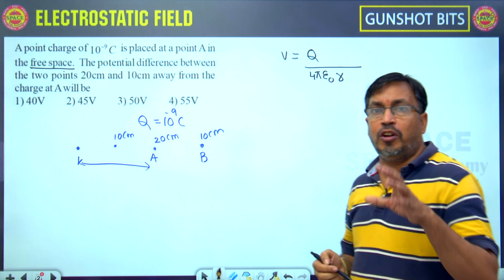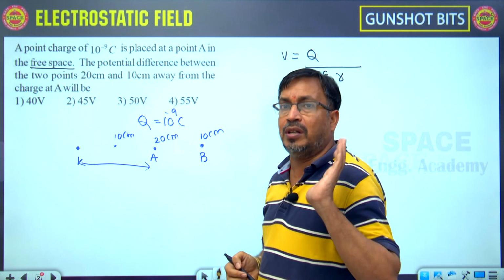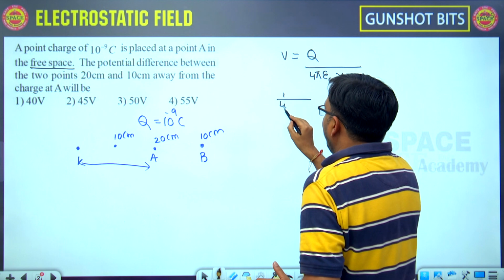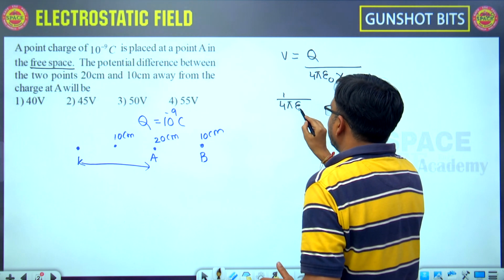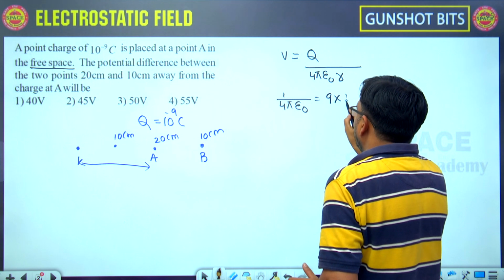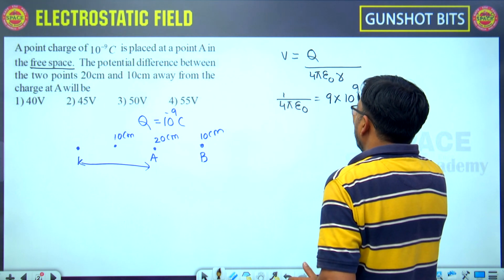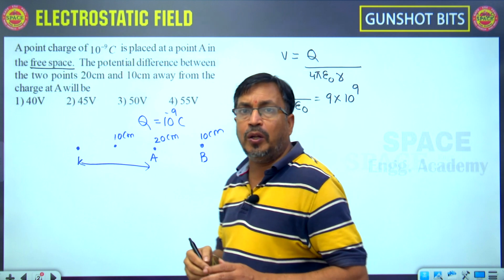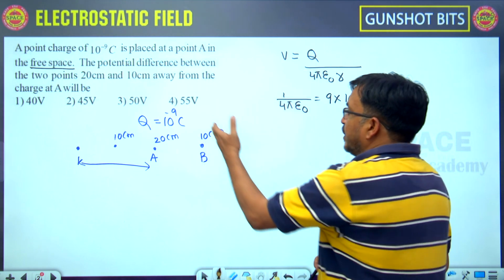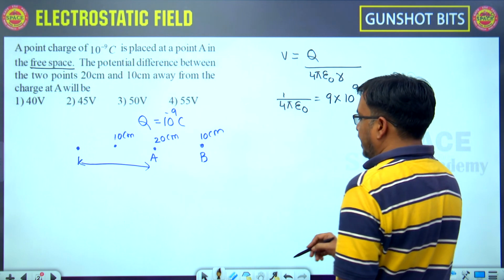Here 1 by 4 pi epsilon naught, the value everyone knows, is 9 into 10 power 9. You must remember in this chapter the value is 9 into 10 power 9, and the charge value is given as 10 power minus 9.